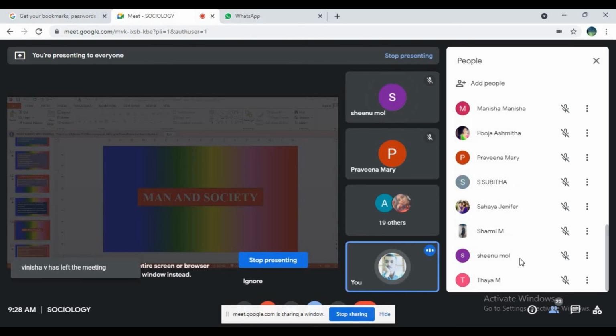Can you list a few relations between man and society? Man means individual, which includes both individuals, in relationship with society.